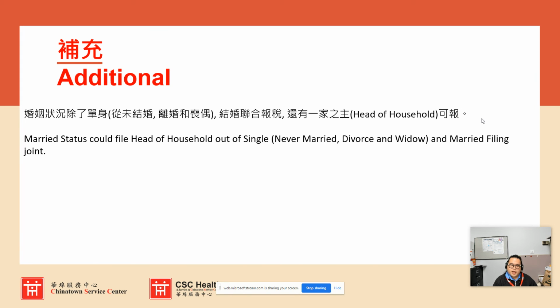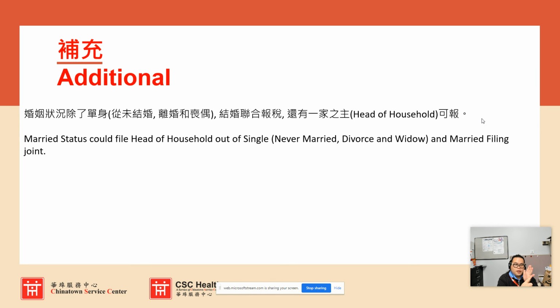For example, if your husband, wife, or partner died in 2021, then for the 2021 tax return you need to file married filing joint. But in 2022, you could file as widow. 2023 widow, 2024 also widow, and you could file single in the fourth year.